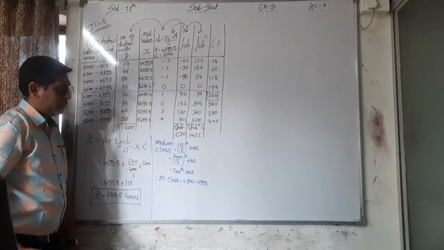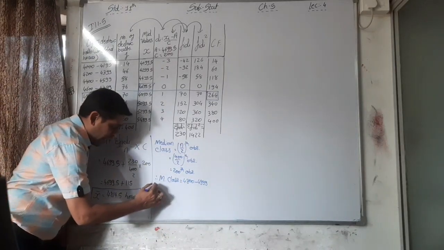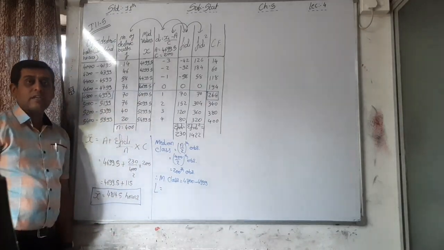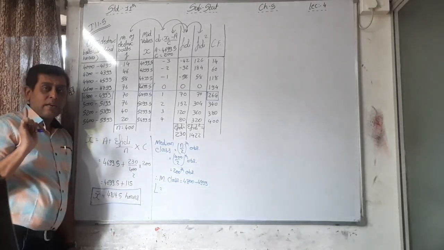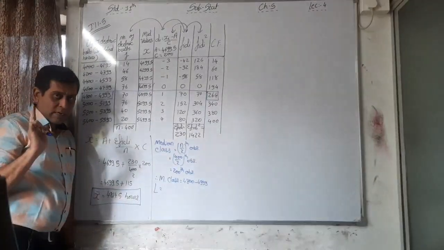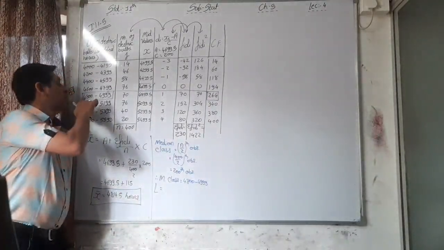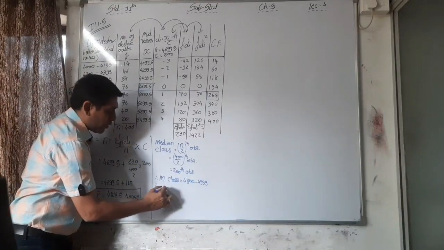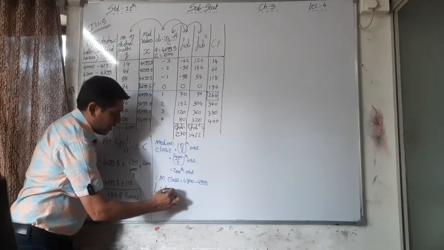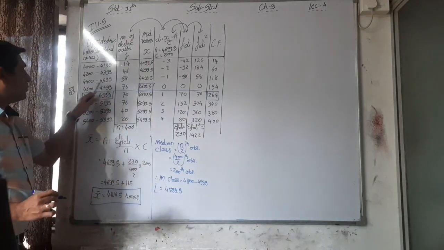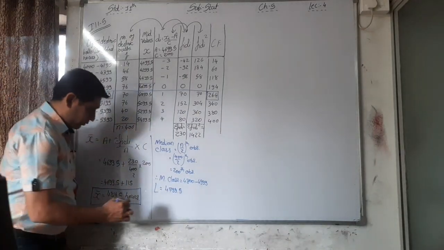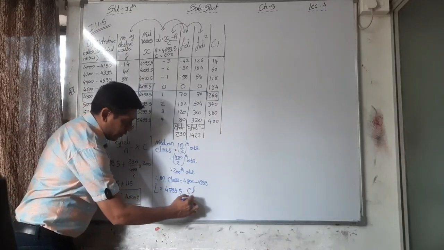Therefore median class is equal to 4800 to 4999. Now what is the value of L here? Again, it's an inclusive type of data, and the difference between the upper class boundary and lower class boundary is 1, divided by 2, that is 0.5. Subtract here, so 4799.5 is your L. What is your CF?